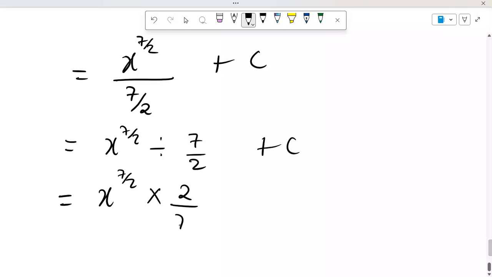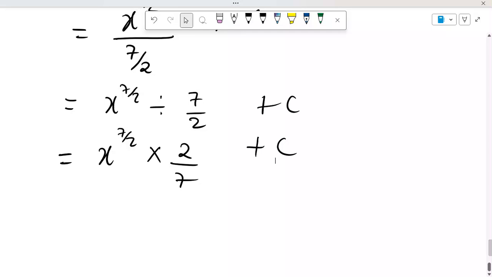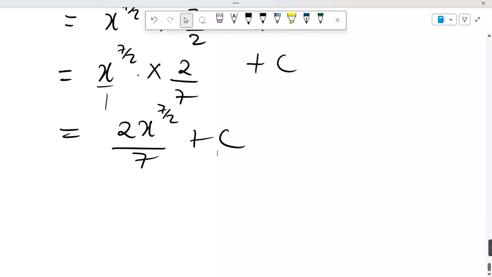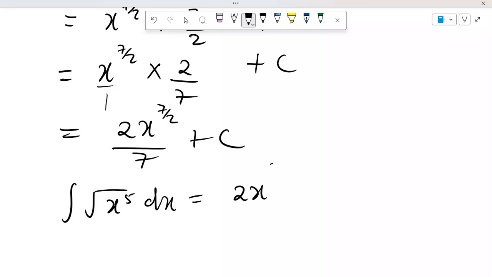So you have 2 over 7 plus c. This is over 1, so this multiplied by that, it will be 2x to the power 7 over 2, 1 multiplied by 7 over 7, plus c. So this is your answer. The integral of x to the power 5 over 2 dx equals 2x to the power 7 over 2 over 7 plus c. Okay, great.